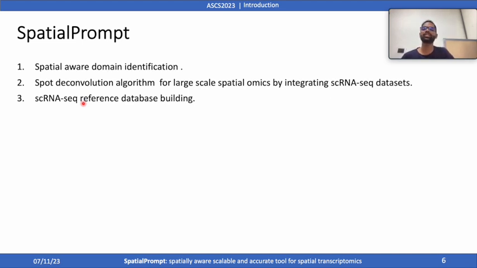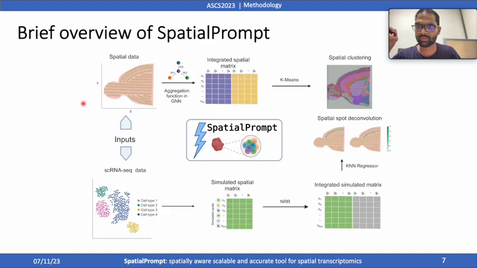In addition, we also built a single cell RNA-seq reference database to seamlessly integrate into the spot deconvolution pipeline. So this is basically a brief overview of our tool.